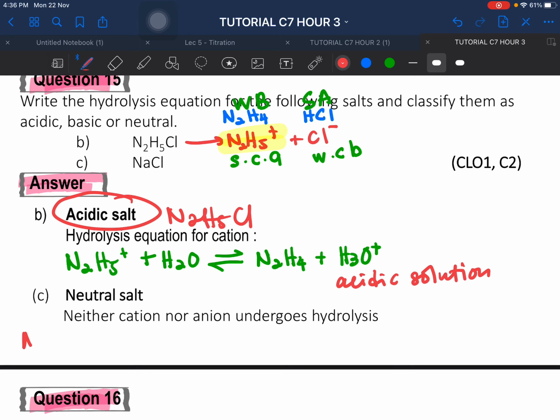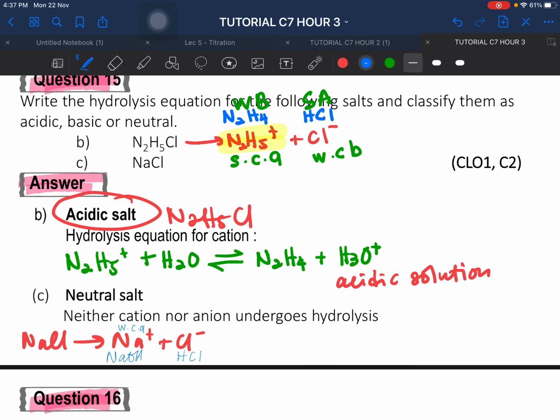NaCl comes from Na plus and Cl minus. So it comes from NaOH as a strong base, so it will form weak conjugate acid. Cl minus comes from HCl, which is strong acid.